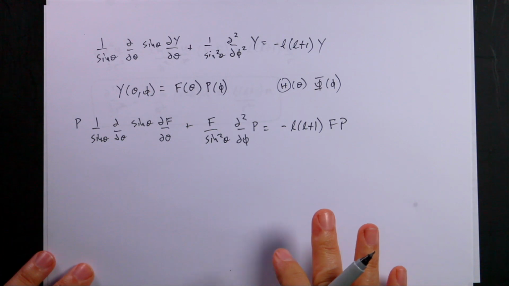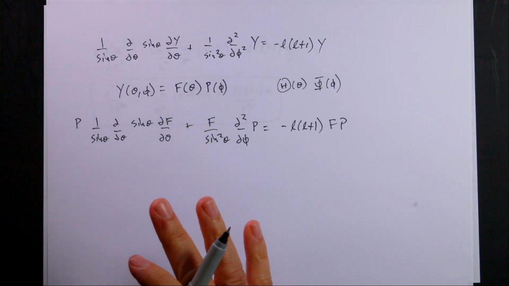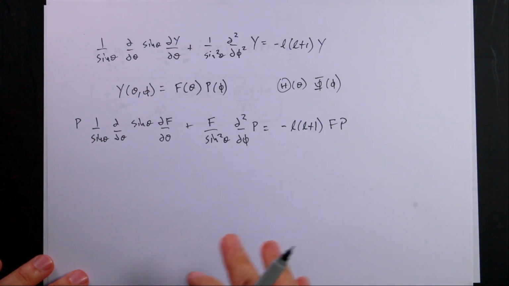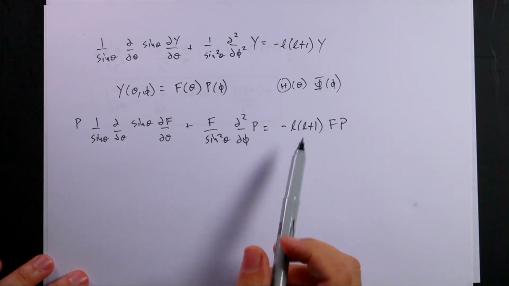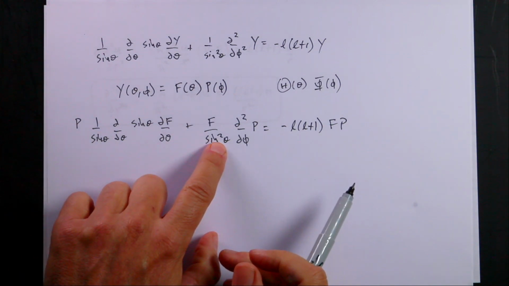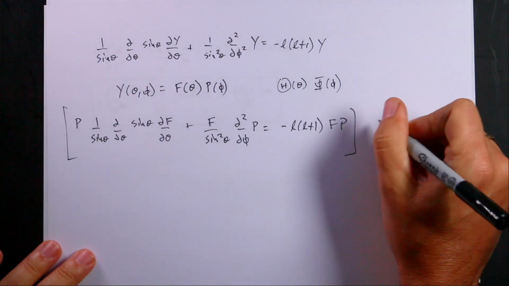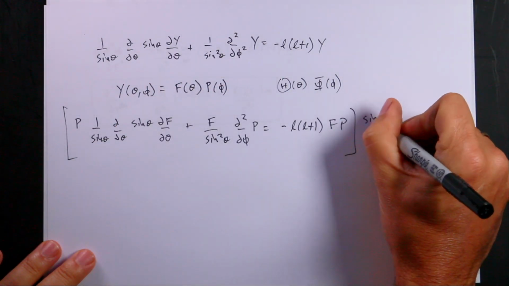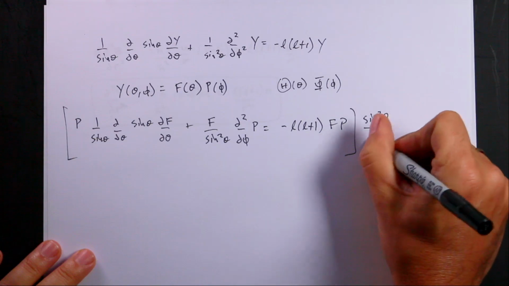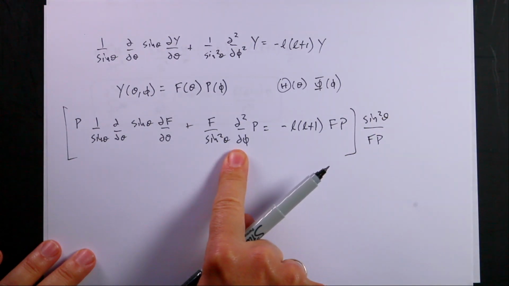And what I want to do is get two terms where one term only depends on theta and one term only depends on phi, and then I can do what I've been doing the whole time. Now, we have a problem here because there's a sine squared theta in this term. So if I multiply both sides by sine squared theta over fp, then here I will get something that only depends on p.